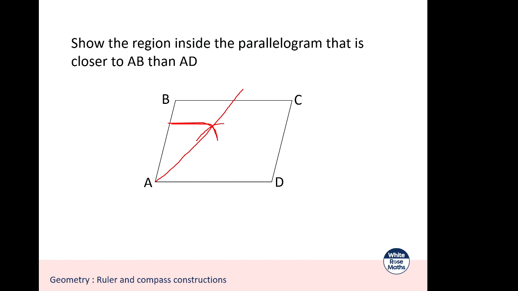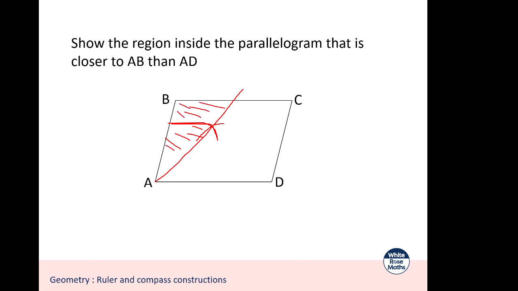So that is an angle bisection of angle BAD. For it to be closer, we want this region here. Always leave your construction lines on in the exam.